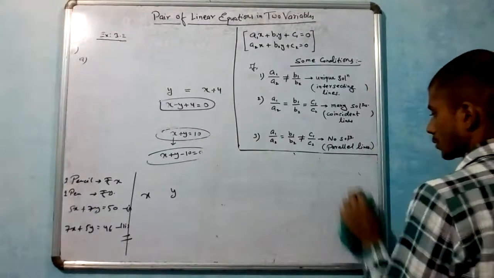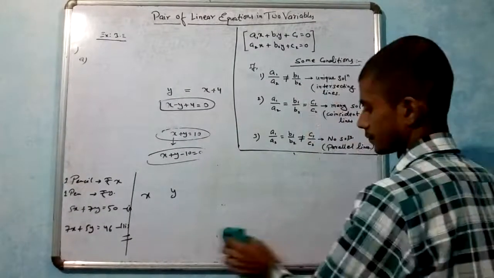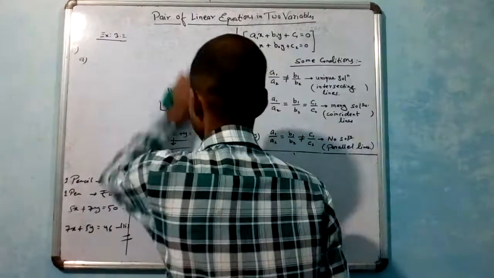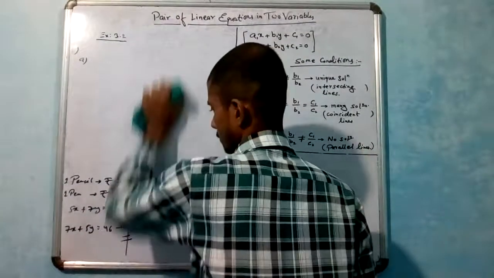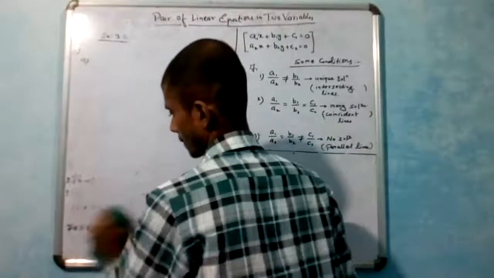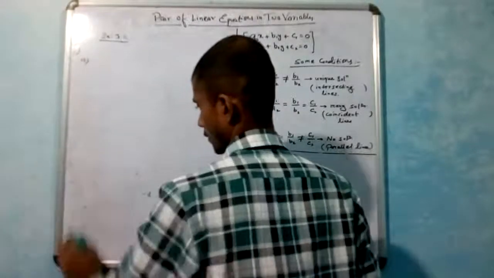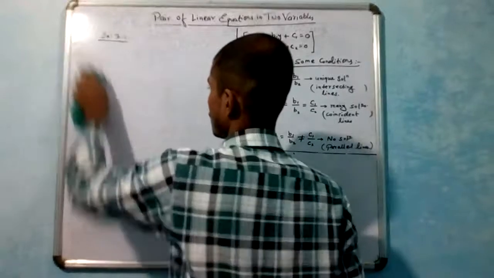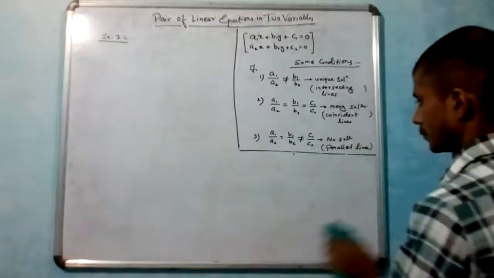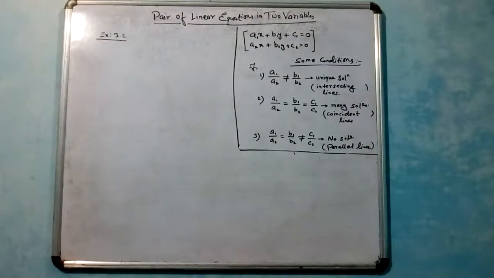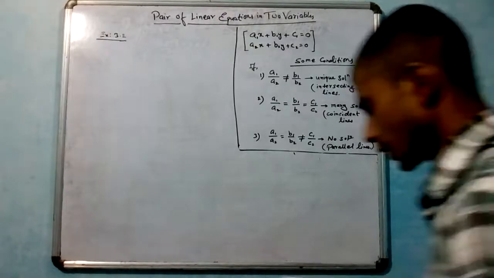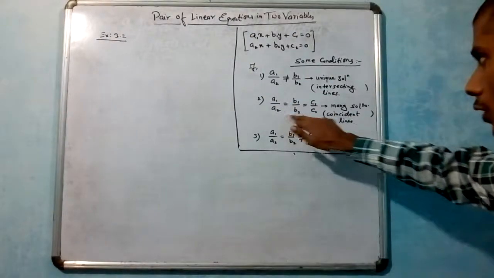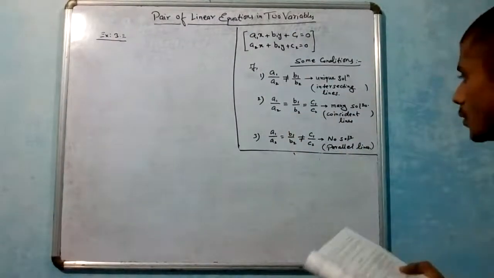Go through the second question. What to do in that? So it's telling that you just compare like this for each of the given equations down.